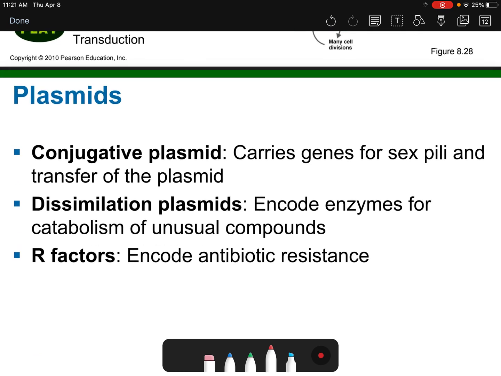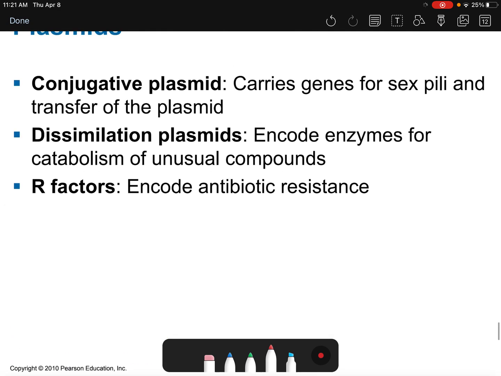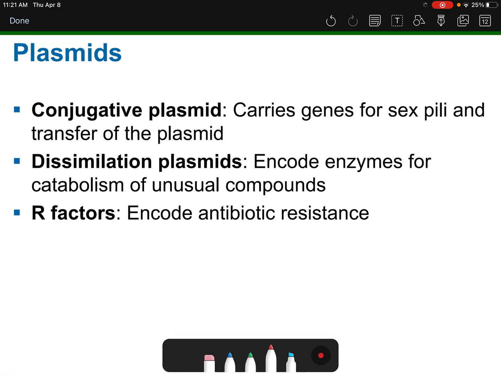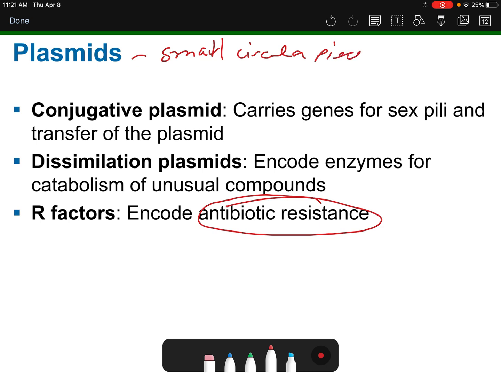Plasmids are those extra little pieces of DNA, and a lot of times they can carry genes that code for antibiotic resistance. So those are the small circular pieces of DNA. They're extra.